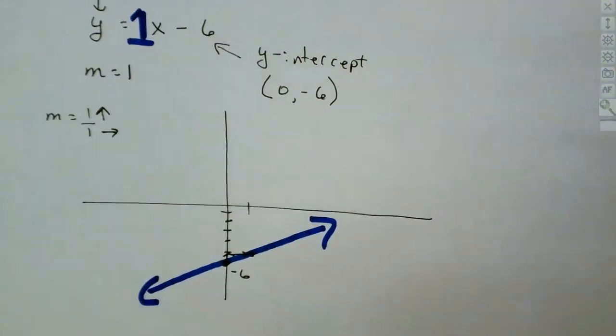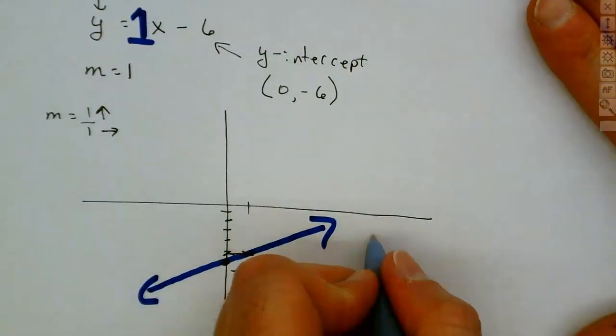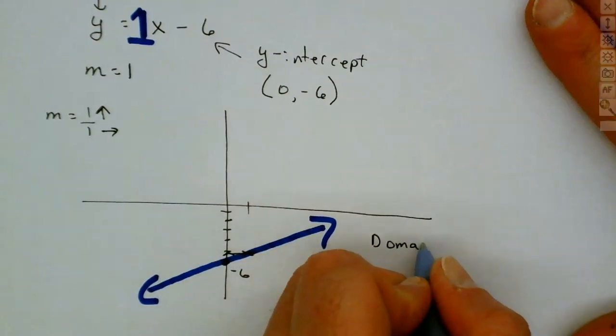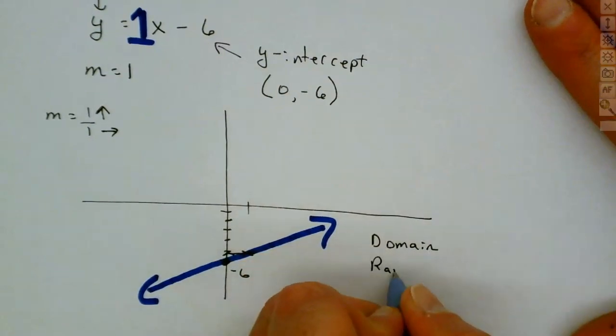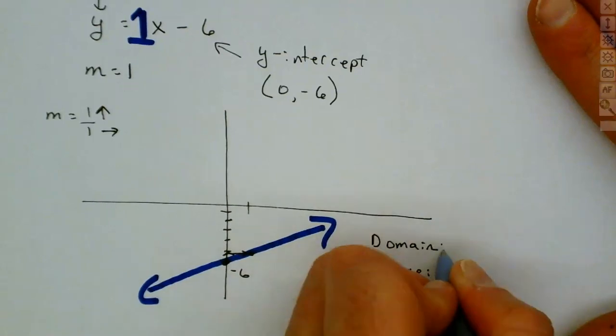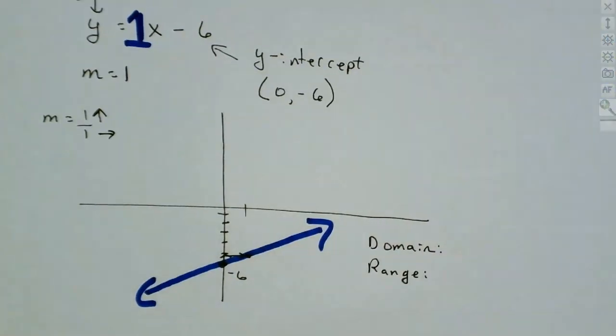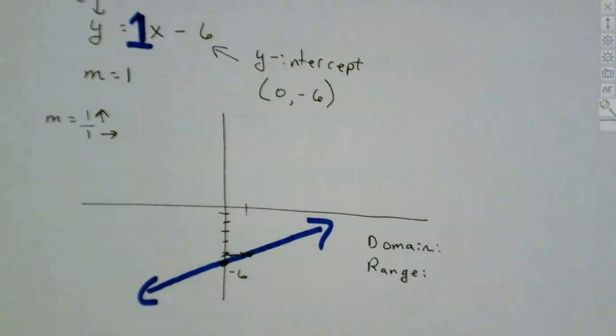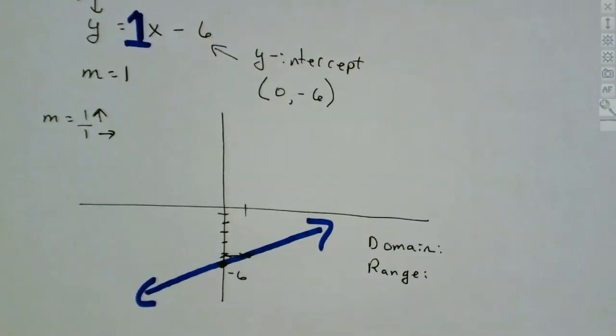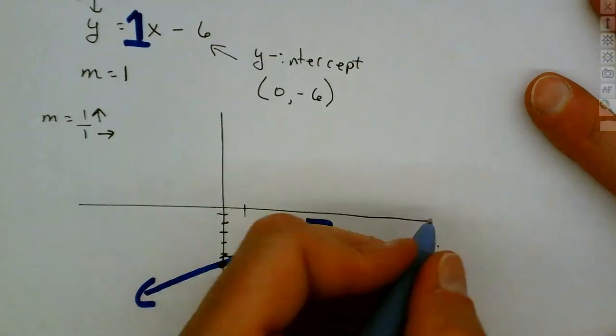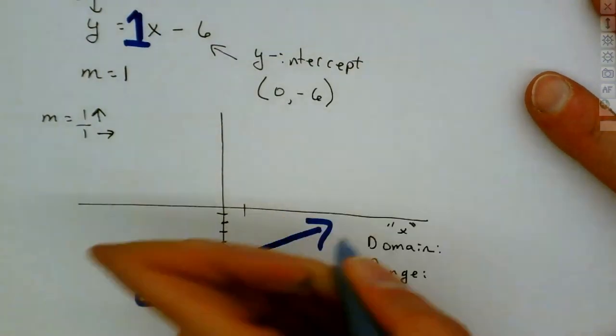Now, what is my domain and range? Can anyone tell me what the domain and range would be? I know we went over this before. I'll give you a hint. The domain and the range are going to be the same. Domain, remember, is the values of x.